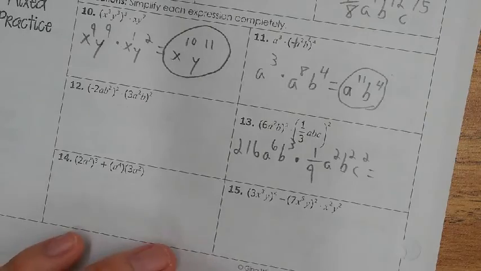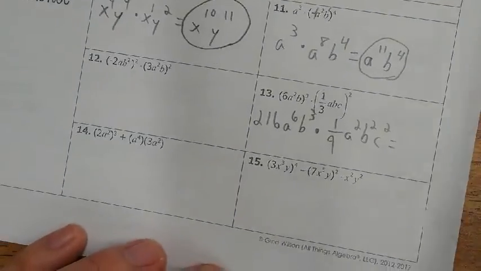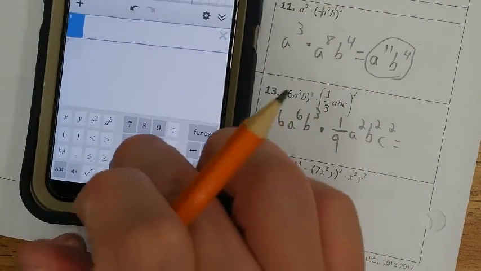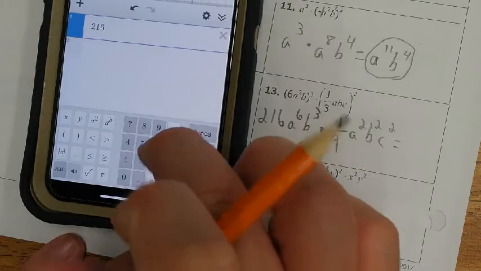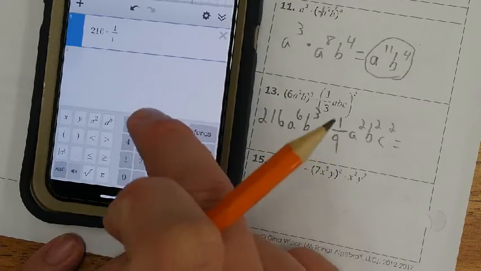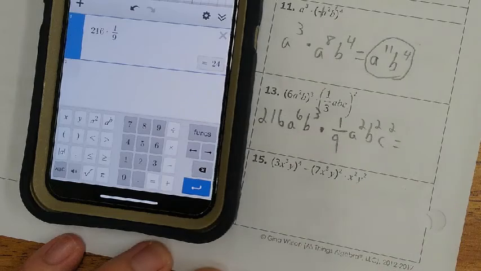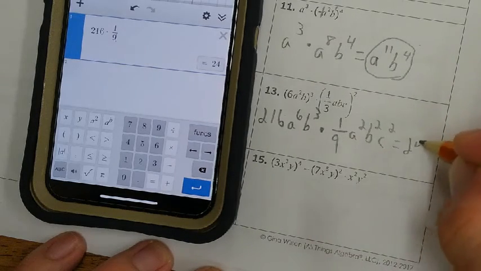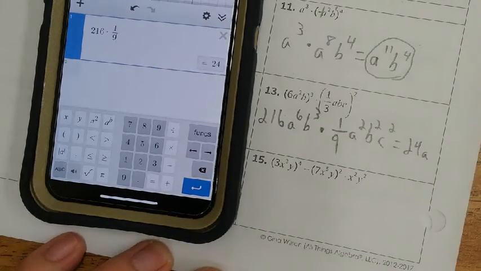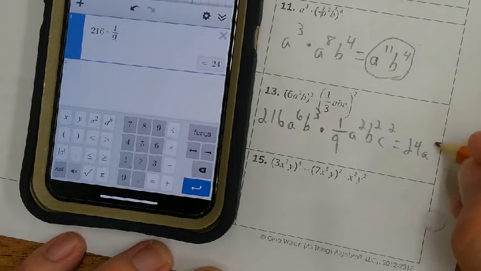So now we're going to have to do 216 times 1/9. That I would definitely use your decimals for. 216 times 1 over 9 gives you 24. What would our A's change to? 8.